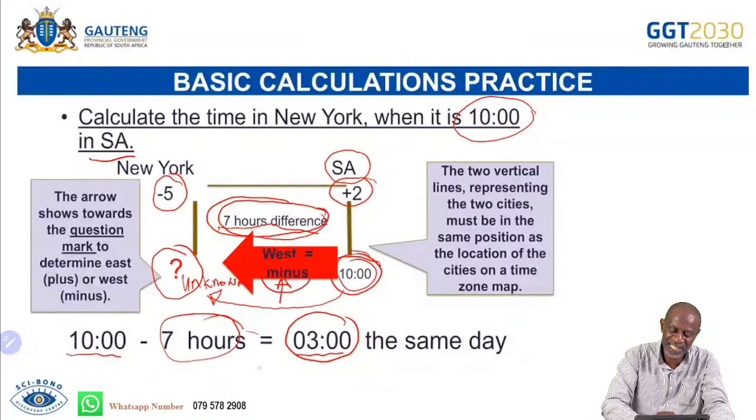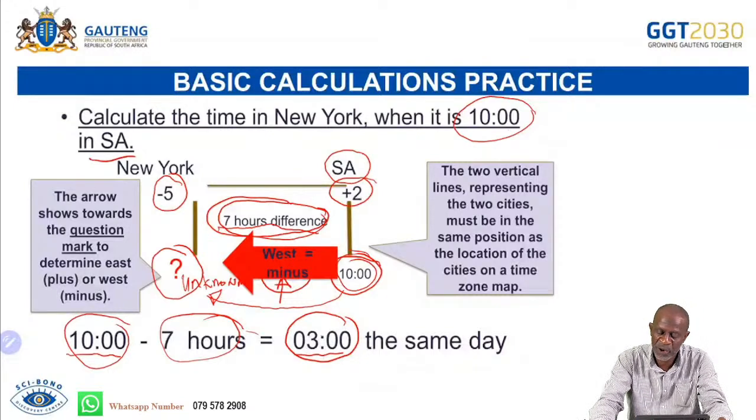And secondly, we managed to calculate the time in one city when the time in another city is given for us, as in the case here. I hope grade 12 learners, you are following every single step of the calculation.